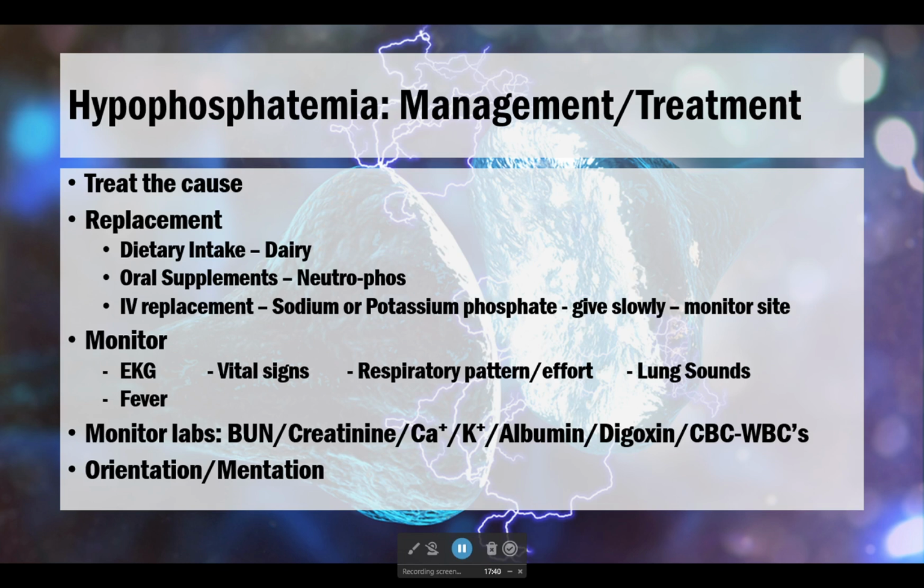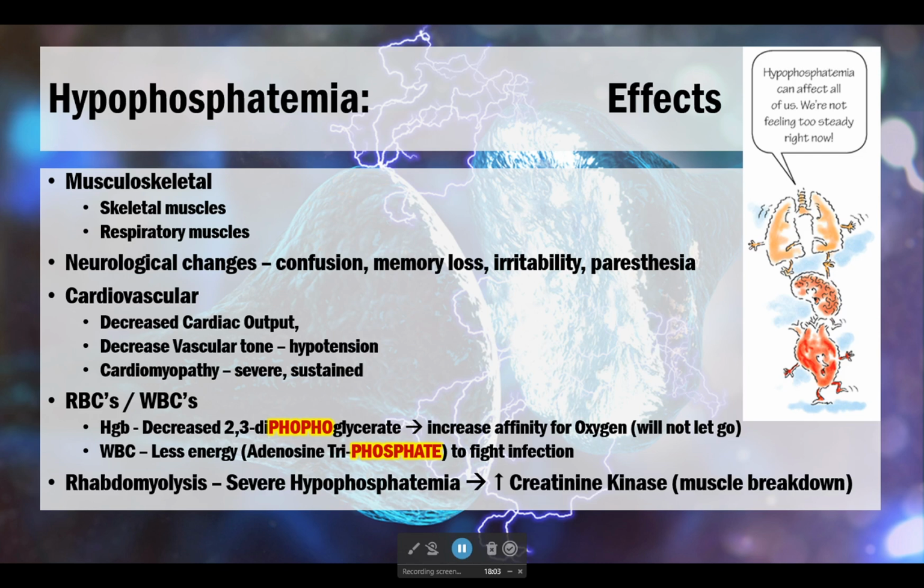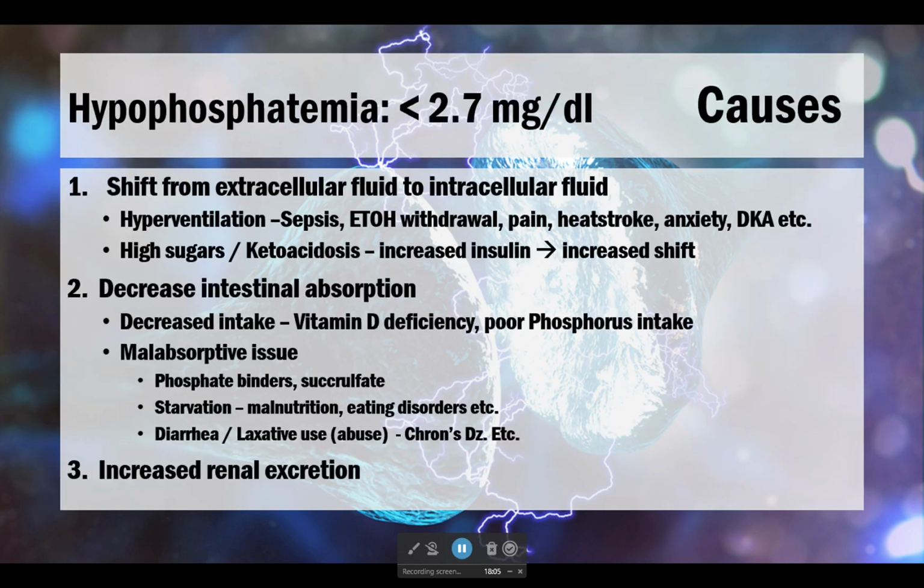So how do we manage hypophosphatemia? As I've said, with almost every electrolyte so far in every condition, treat the cause, manage the symptoms. So we want to be very tuned into the symptoms as they give us warning and indication of the direction the patient's going. We want to do that, but we also have to treat the cause. If we're not addressing the cause, then let's look at some of these causes here.